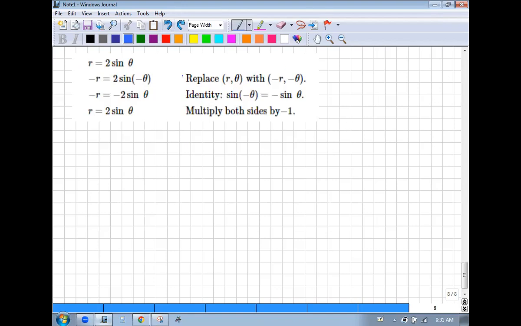If we do test number 1, where we swap out both of them, make the r negative, replace the theta with a negative, well, sine is odd, so we can pull this minus sign out front. And from there, we can cancel both the minuses, and we end up with exactly what we started off with. So this guy has symmetry about the y-axis. We actually graphed this earlier. It looks like this. That's the graph. So yeah, it has symmetry about the y-axis.